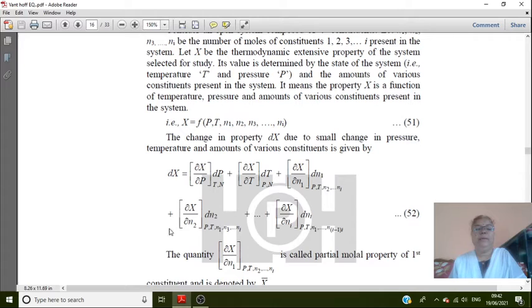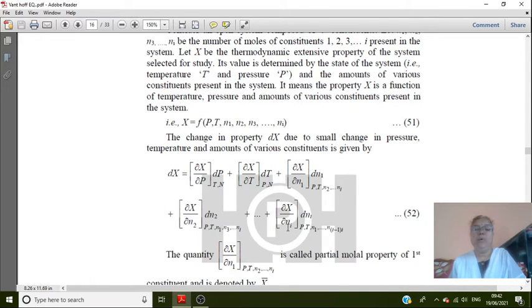That means here the second constituent is varied while the other constituents are kept constant. We have taken other constituents as constant except the second. Here the first constituent we may change, and we keep the moles of all other constituents constant.